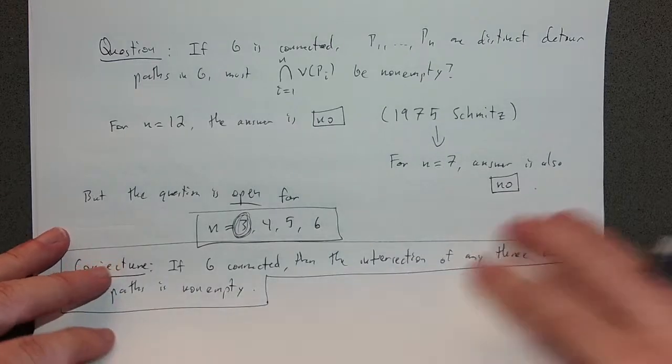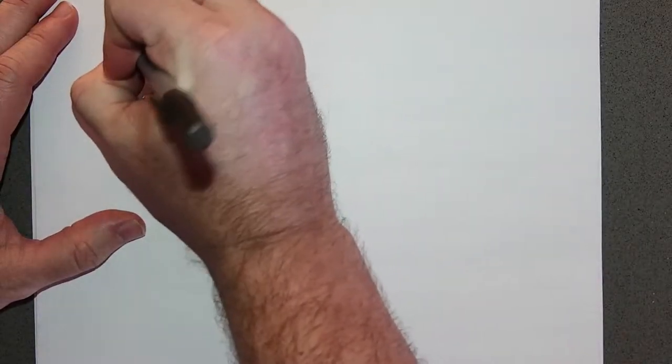Now let's get back to Hamiltonicity questions. So, returning to forbidden subgraphs.